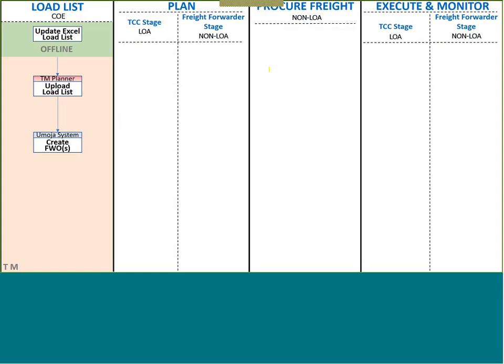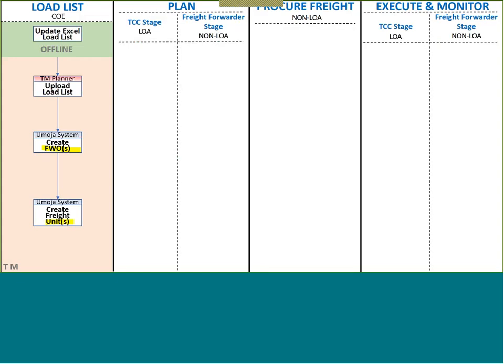Now when you upload the Excel, it's called the forwarding order. And if I'm not mistaken, the number it generates in TM is the same, but the nomenclature is different. And the same thing as yesterday, it will generate a forwarding order, and it'll also generate a freight unit.